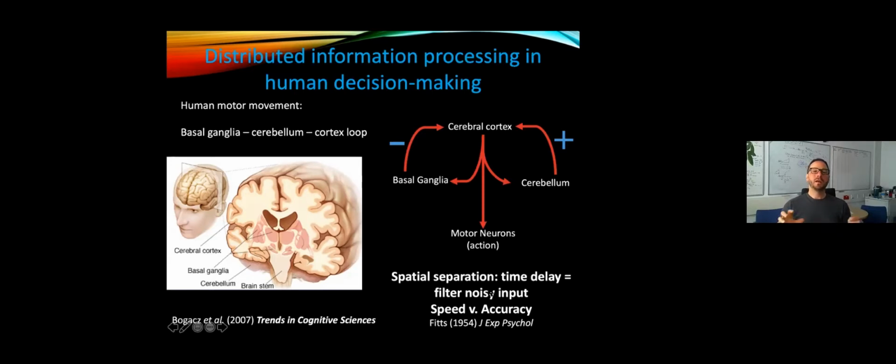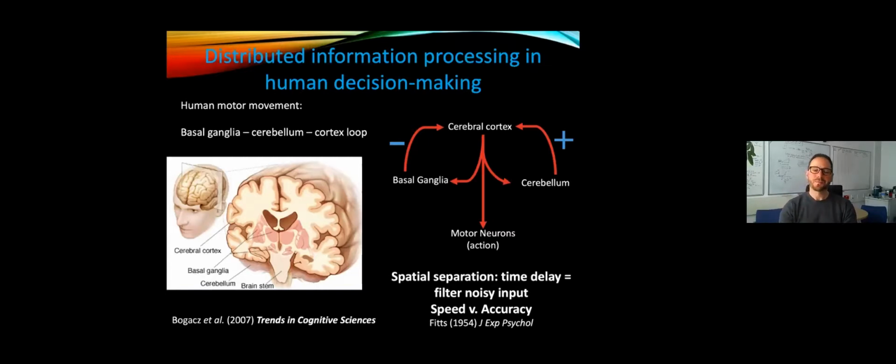Because we exist in a noisy environment, nature is a noisy place, we're constantly receiving many different stimuli. If we reacted instantly to every positive stimulus that we received, we would be compromised in our capacity to make accurate decisions, because we would constantly be getting triggered into making a decision.